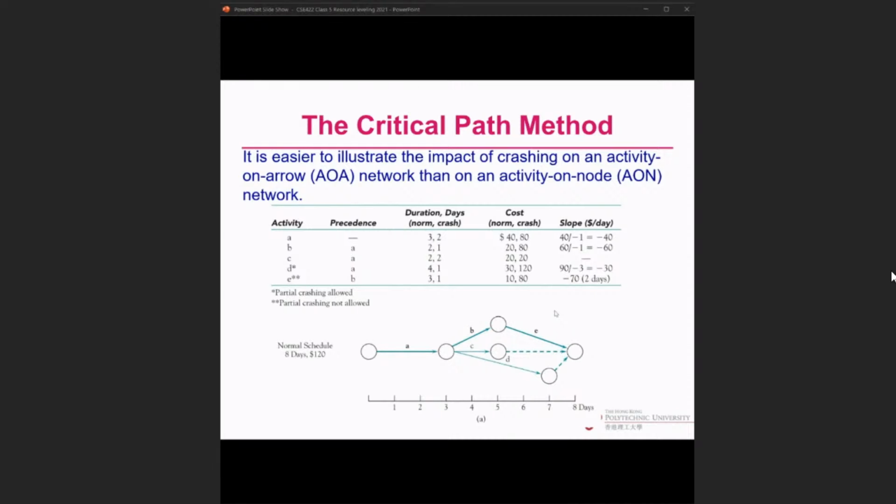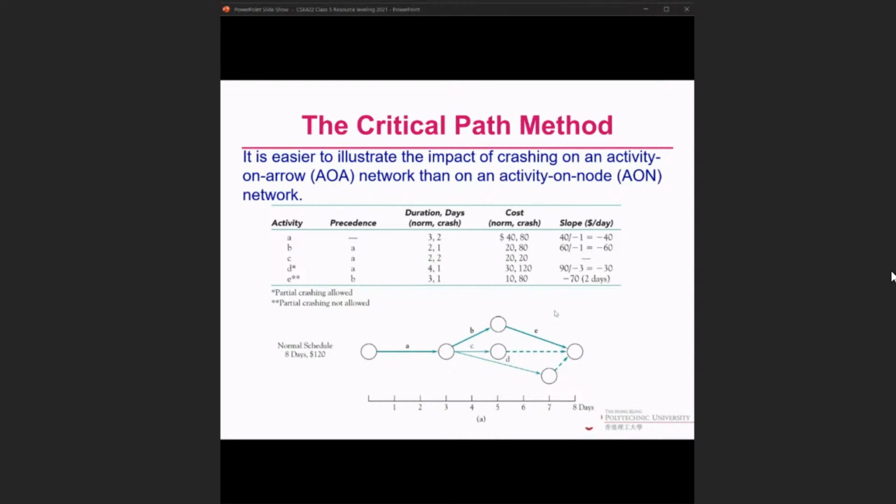Like for this example, we started with 8 days, 7 days, 6 days, we shorten the project, but you may find out that after we crash 1 or 2 days, the other path may turn out to be the new critical path. All right, so this is why I really recommend following the two rules and also drawing multiple AON or AOA, so that you can really understand what is the next step, the next activity that we should crash. All right, and I will demonstrate how we can do that based on this example first.